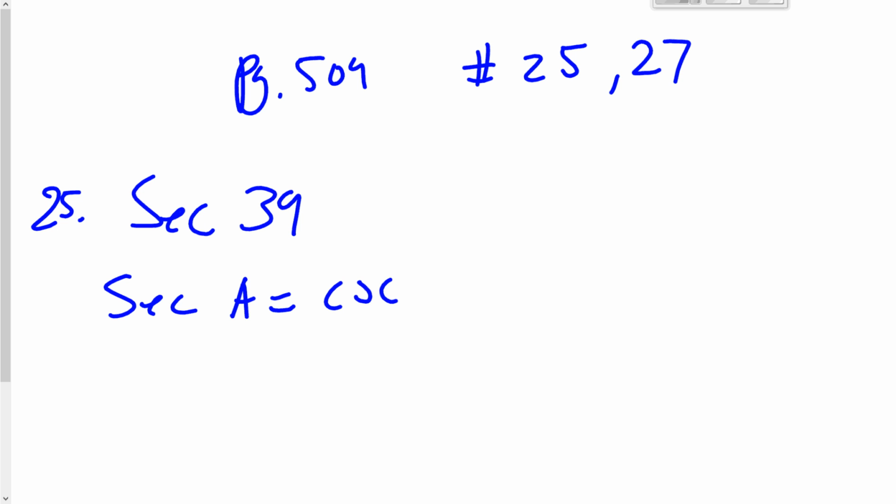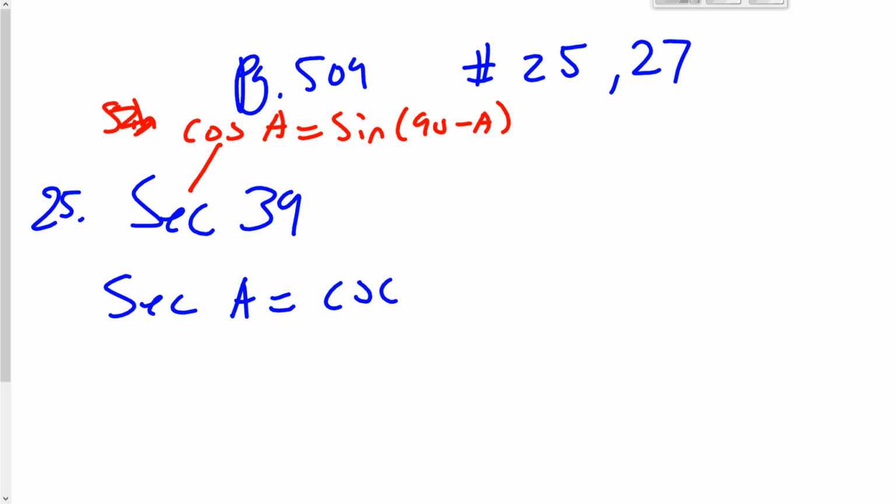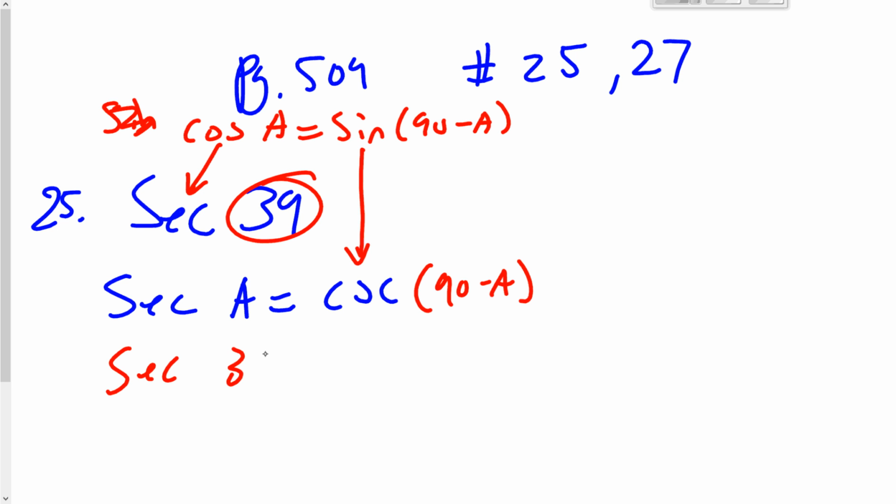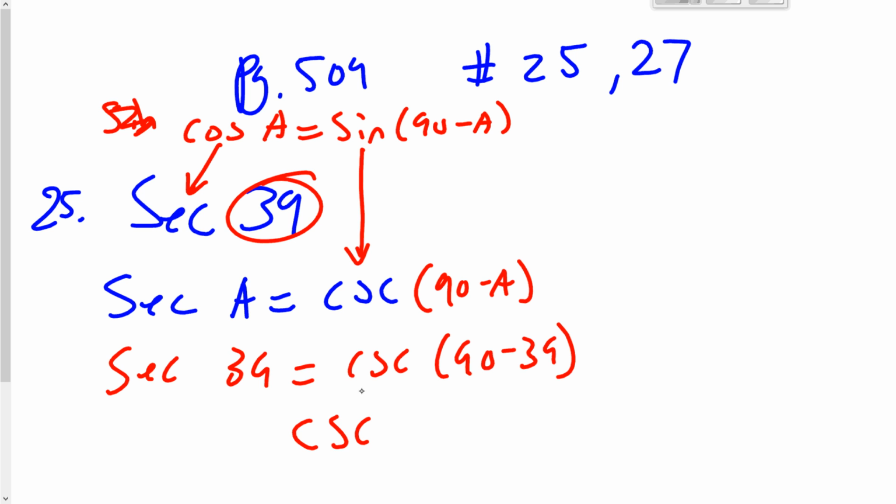Because cosine of A is equal to sine of 90 minus A, and the reciprocal of cosine is secant and the reciprocal of sine is cosecant. So you can see how these relate. So secant of 39 is equal to cosecant of 90 minus 39. So 51. So the cofunction is cosecant of 51. There's the answer to that one.